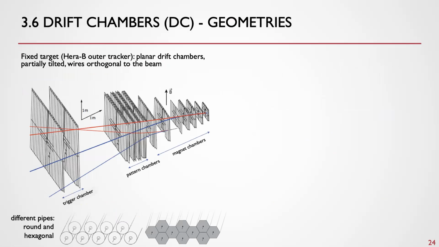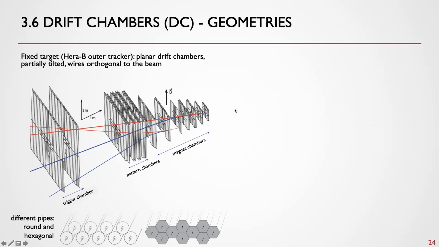I put two examples here. There are various possibilities to assemble drift chambers in terms of the geometries. For one example, the bottom left shows a fixed target experiment outer tracker, the HERA-B outer tracker.